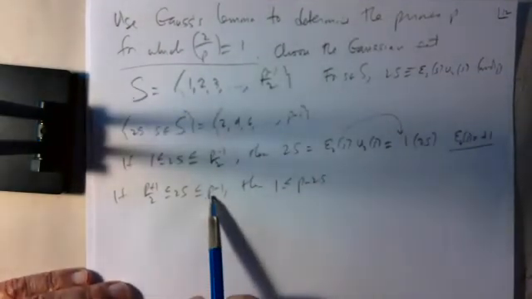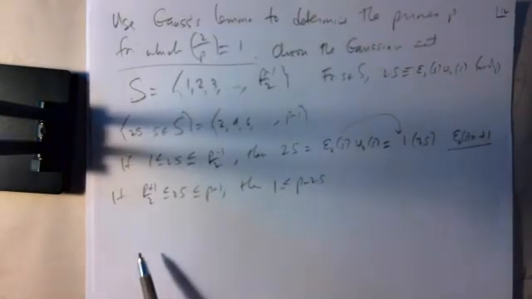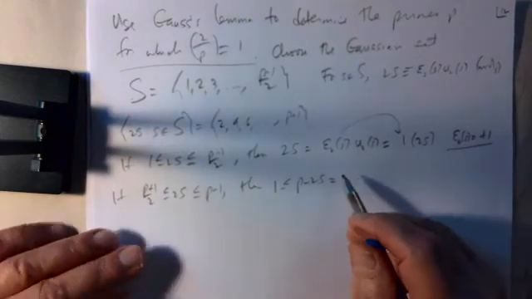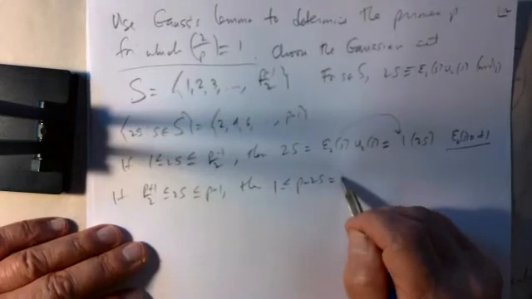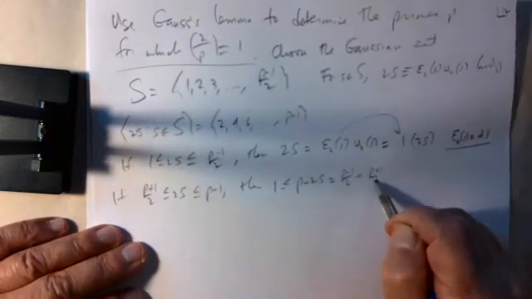So 2s less than or equal to p minus 1 means that 1 is less than or equal to p minus 2s. And p is equal to (p minus 1)/2 plus (p plus 1)/2, right?